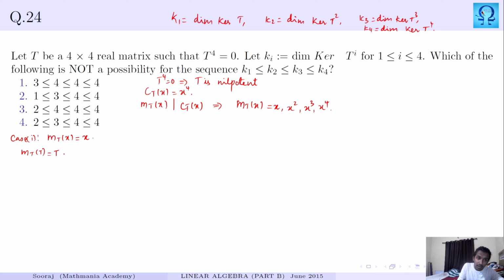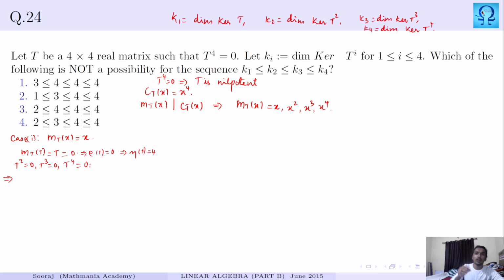This annihilates means this T itself is 0. When your T itself is 0, your T square is 0, T cube is 0, T to the power 4 is also 0, which means your matrix itself is a 0 matrix. So, in that case, what is the rank? Rank of T is 0, which means nullity of this T is 4.